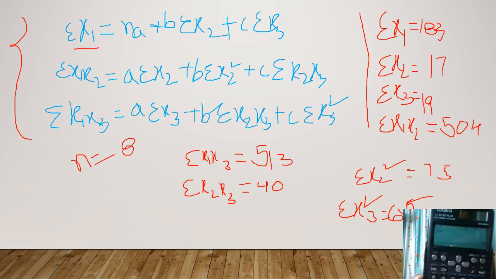Here we got the A value as 7, B value as 3, and C value as 4.